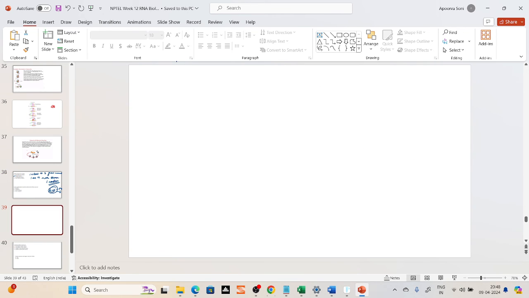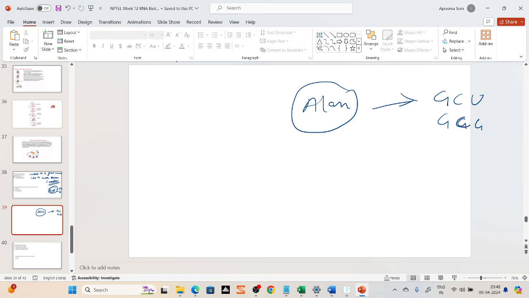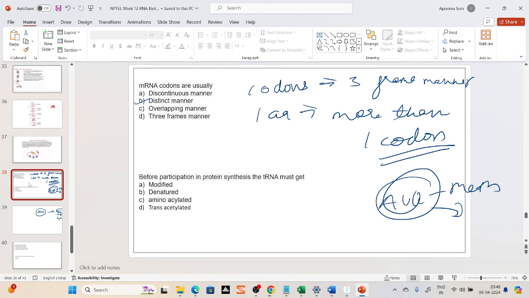For example, alanine can be coded by GGU, GGG, GCA, but GCU cannot code for any other amino acid. It can only code for alanine. This is a very important difference. So the correct answer is B, that is distinct manner.